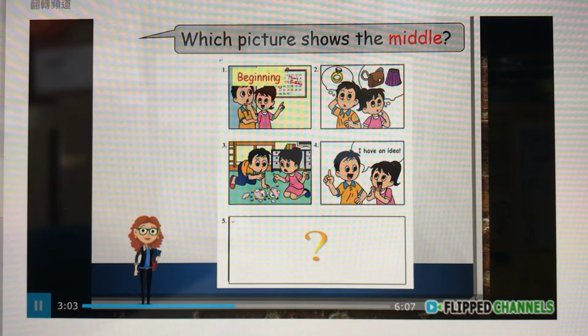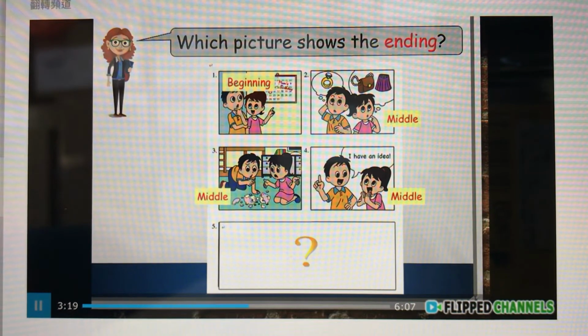Which picture shows the middle? Very good. 2, 3, 4. Picture 2, 3, 4 are the middle of the story. Which picture shows the ending? That is number 5. You got to think about the ending of the story.